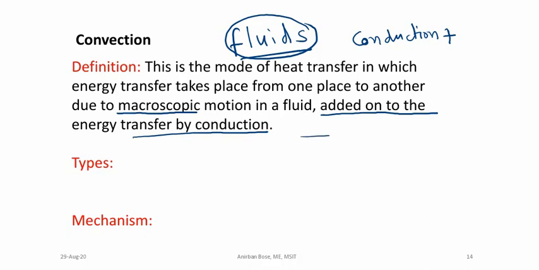Suppose this is a pipe and some fluid is flowing through it, so that motion is responsible for energy transfer from one place to the other. So this heat transfer because of the motion of the fluid is called advection. Okay, so conduction plus advection.